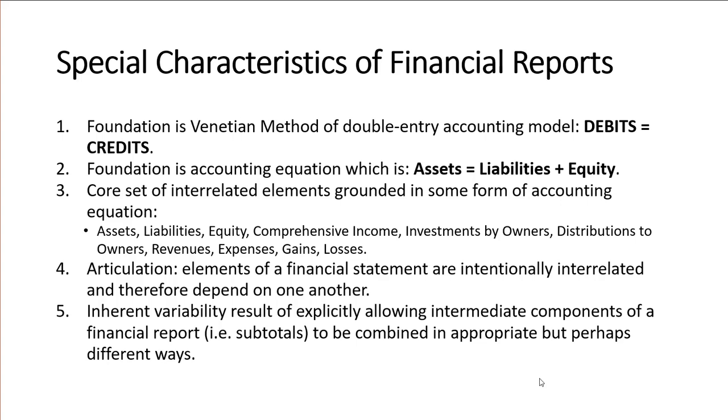The last point is that there's inherent variability in this model because the standard setters intentionally allow companies to modify the components that are disclosed, the subtotals that are disclosed and the totals, and you can combine things in different ways in order to provide flexibility to the entities that are creating these reports.